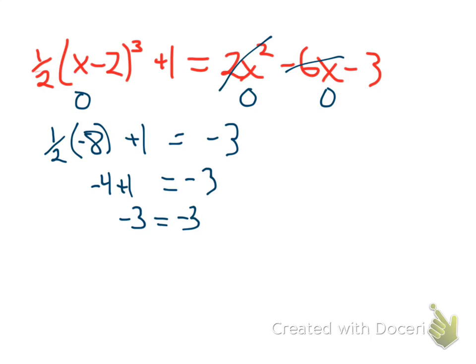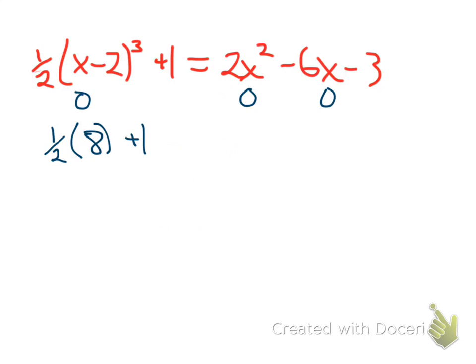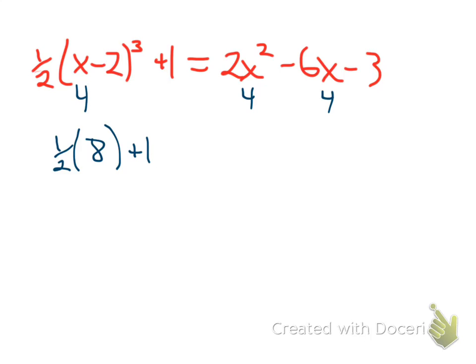If I once again try this with the value of 4, let me get rid of all this and take a look at what happens when x is 4. So I plug in a 4 there, a 4 here, and a 4 here. Now I have 1/2 times (4 minus 2) cubed, which is 2 cubed, positive 8 this time, plus 1.